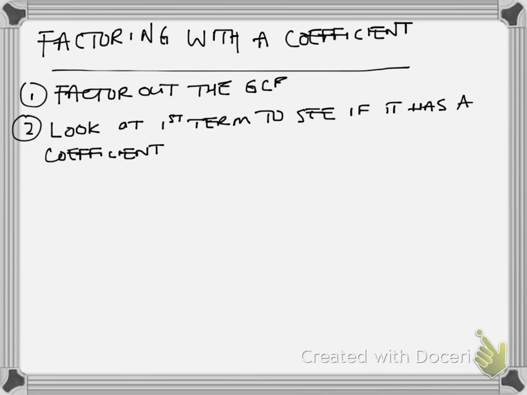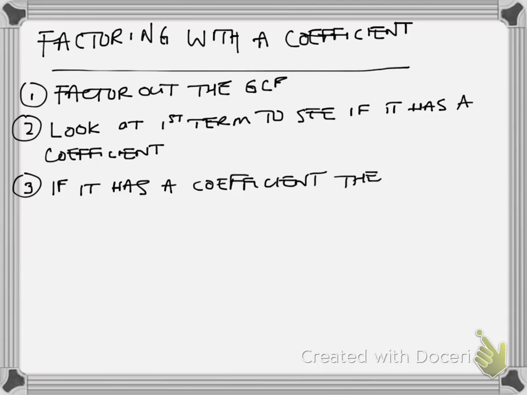Okay, now step 3, this is where it starts to change. If it has a coefficient, then we use the rooftop method.